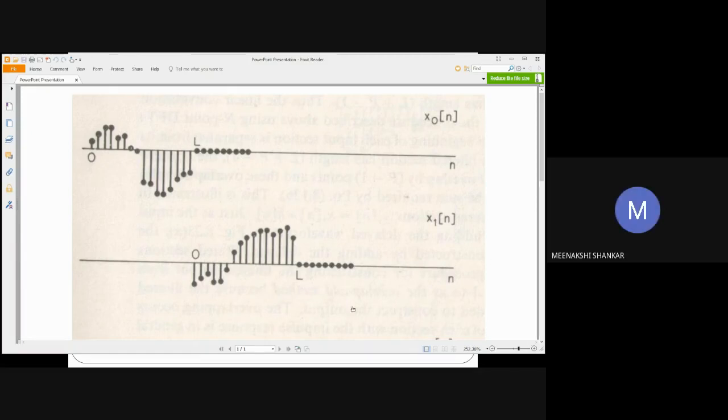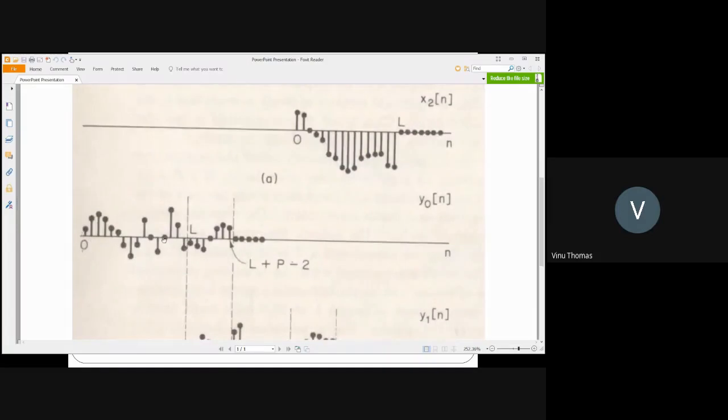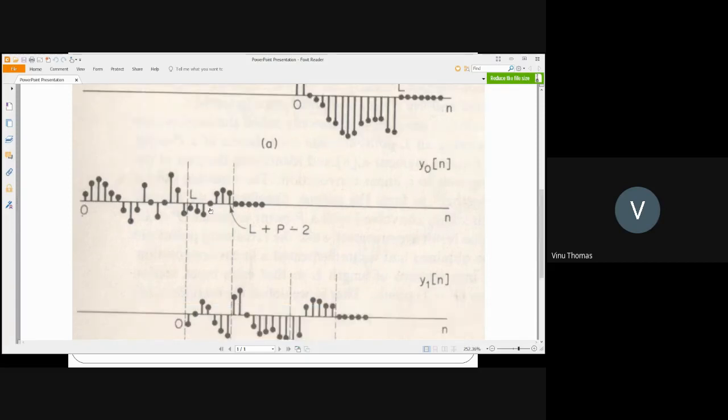In the frequency domain, we can find the individual DFTs. That is the L plus P minus 1 point DFT of the zero-padded extended x0 of n, and the L plus P minus 1 point DFT of the filter. And then you multiply the individual DFTs and take the IDFT. That should give you this linear convolution here, because you have zero padded and extended to L plus P minus 1.